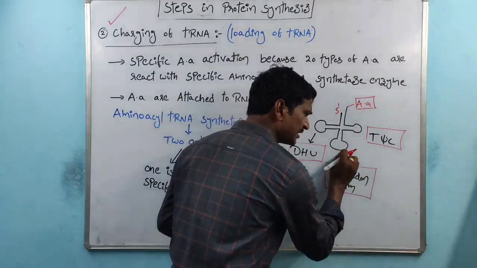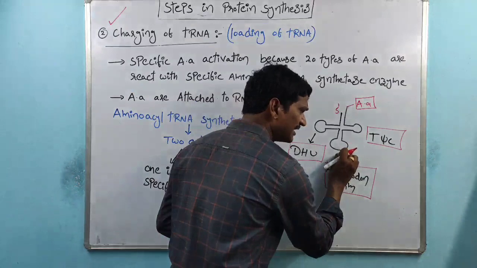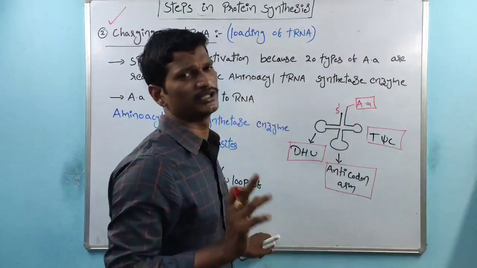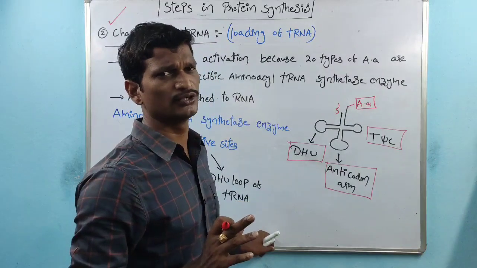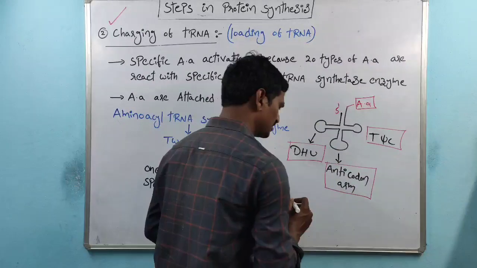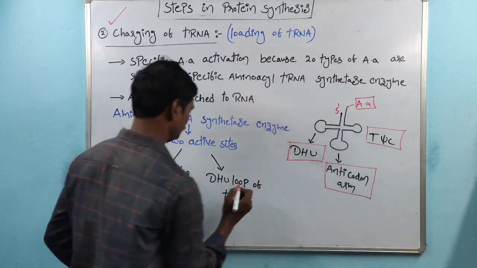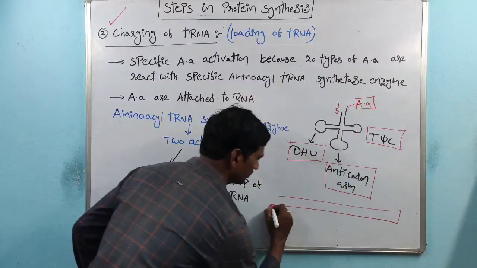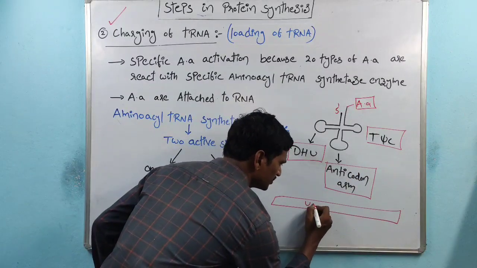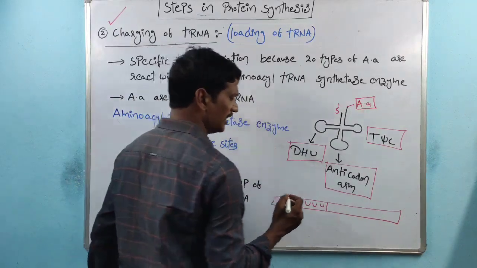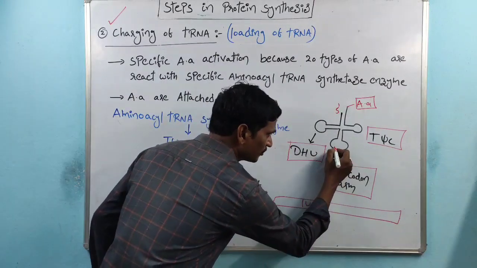So a specific anticodon supports binding only a specific amino acid. For suppose, here the RNA sequence is UUU, and this is the anticodon.